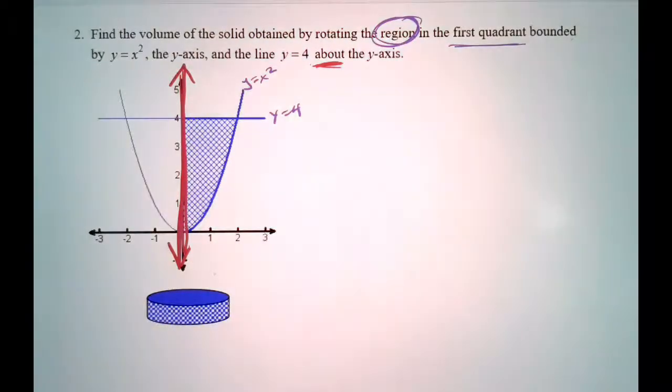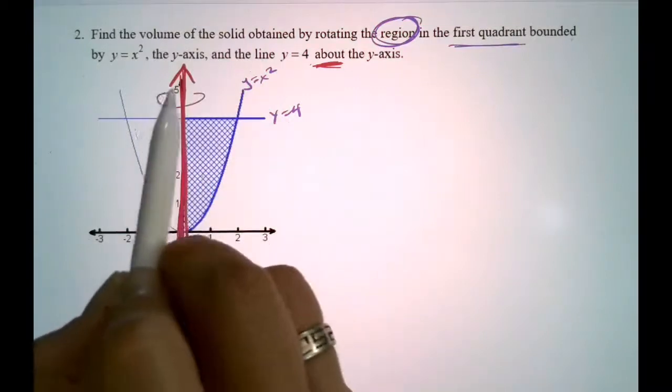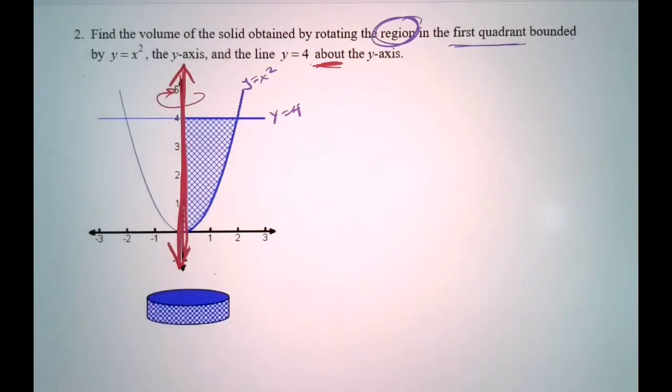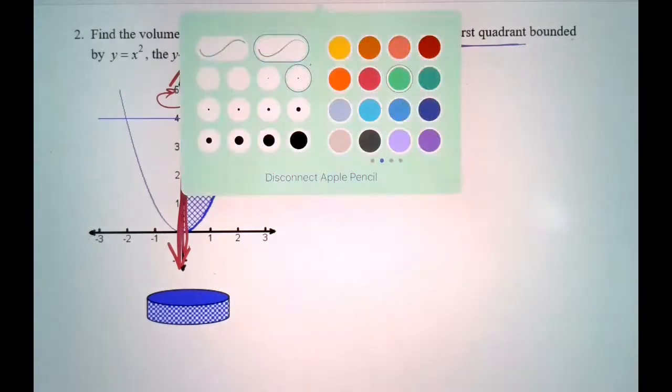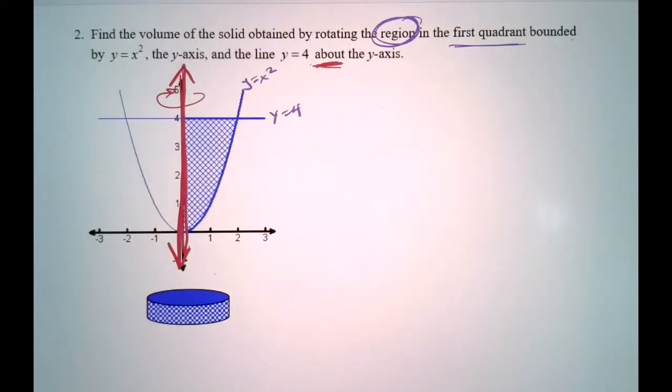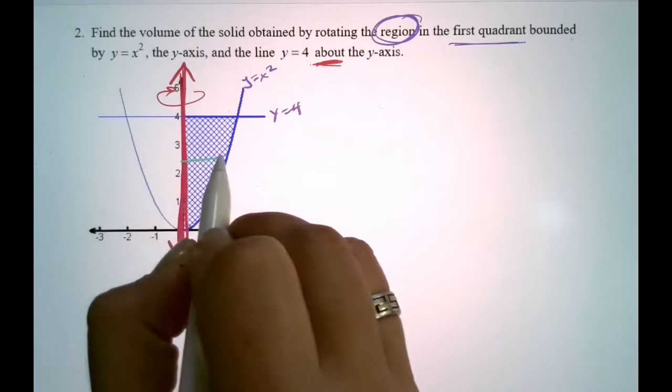I like to bold it out so I know exactly where I'm spinning. I even put my little spinner in there. And I'm going to follow the rules of the disk method, which means I'm going to draw this rectangle in the shaded region that is perpendicular to your axis of rotation and also touching the axis of rotation the whole way through. So perpendicular to the axis of rotation looks like this.